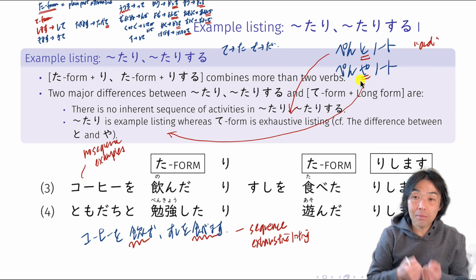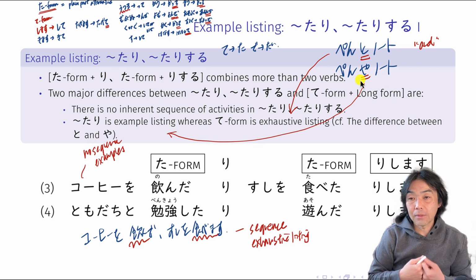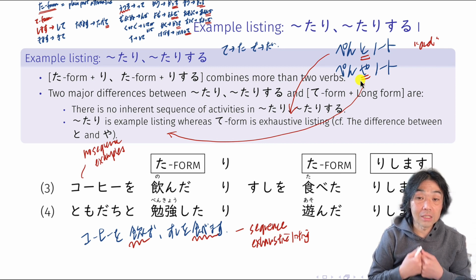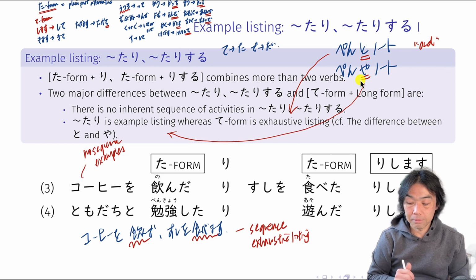You're just giving some examples implying that you may have something else. Pen ya noto implies that you might have markers or you might have highlighters. Right? So that's the difference between them. So again, you're gonna see the same difference appearing in different places because in Japanese there's a distinction between exhaustive listing and example listing.